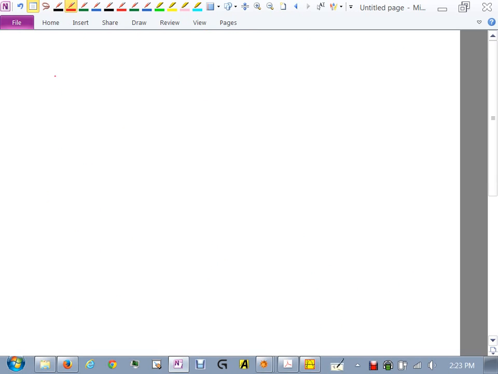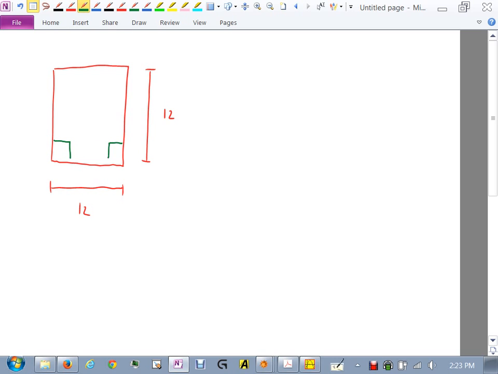How about we start out with our sheet? This isn't going to change, right? And 12 and 12. How much I cut out is a variable here, isn't it? That's a variable. I can cut out from here however much I want.